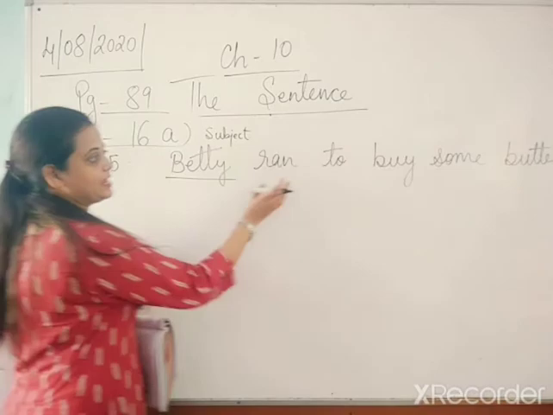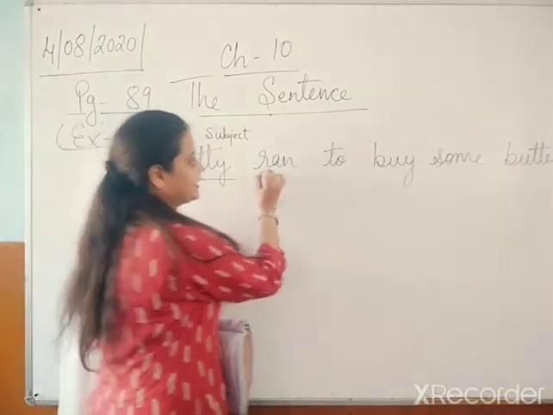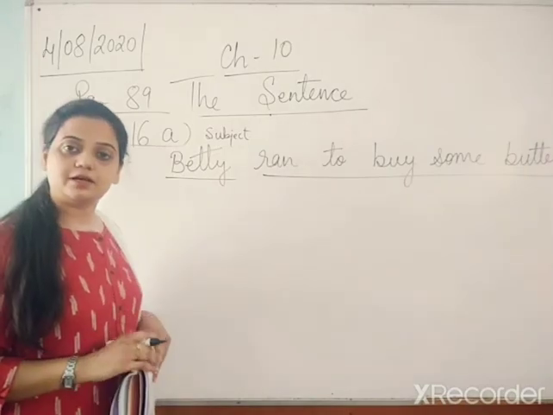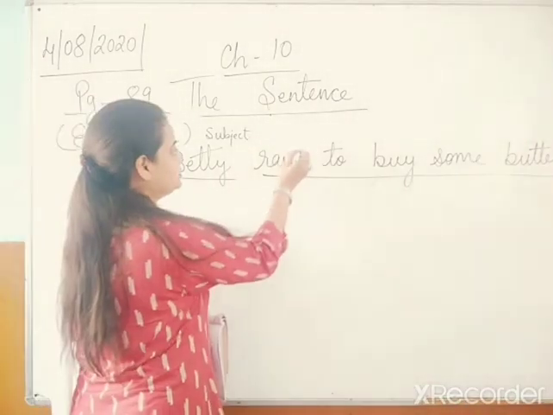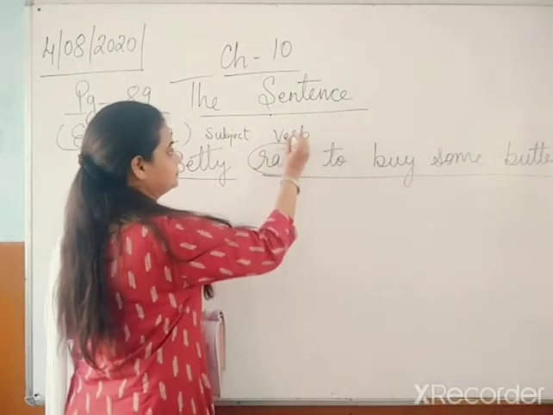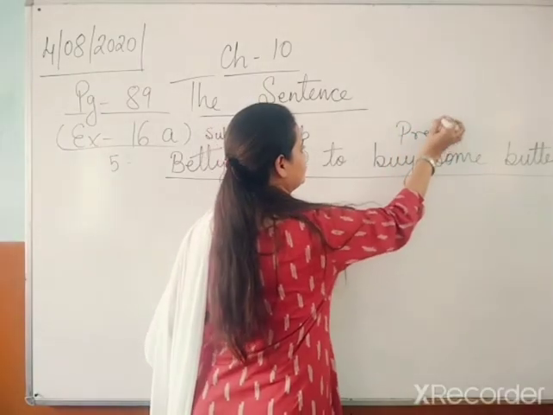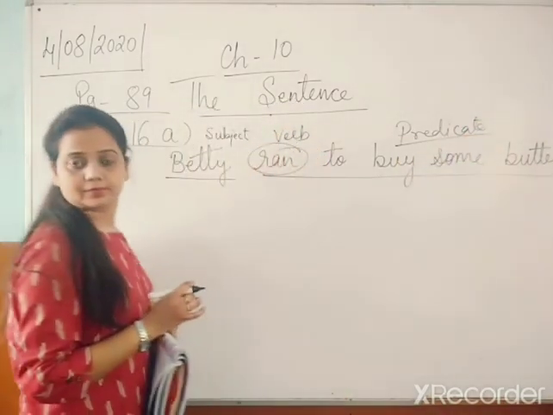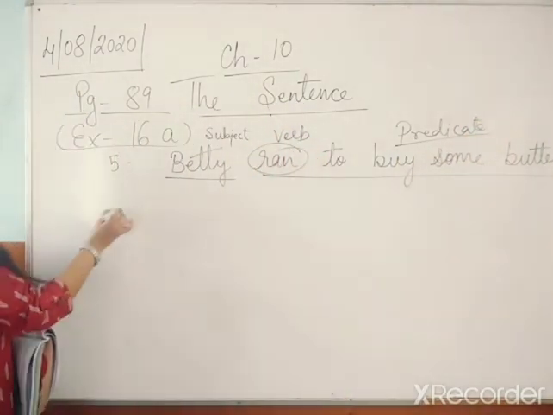Okay, ran to buy some butter is your predicate. Clear? And what is the verb here? Ran. It's an action. So it's a verb. Clear?